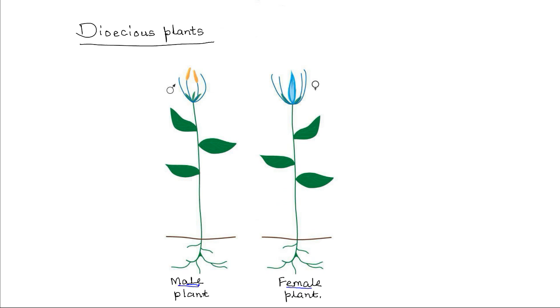The male plants have only the staminate flowers, while the female plants have only the carpellate flowers, which means that we have the male plant that produces the pollen grains but cannot form the fruits and seeds, and you also have the female plant that produces the female flower and does produce the fruits and the seeds.